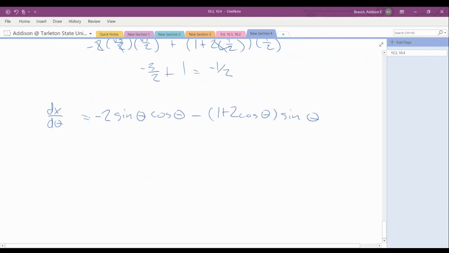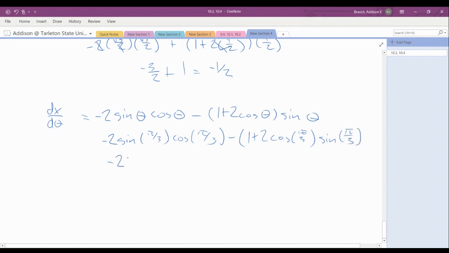All right, so we can just plug in pi over 3. So then we get negative 2 sine pi over 3 cosine pi over 3 minus 1 plus 2 cosine of pi over 3 times sine of pi over 3.